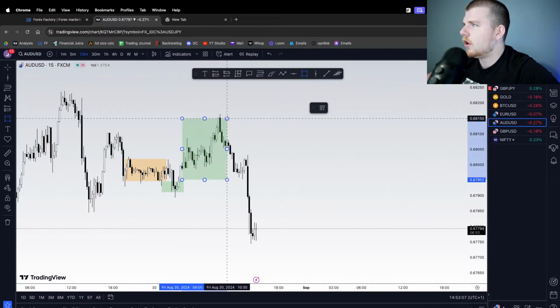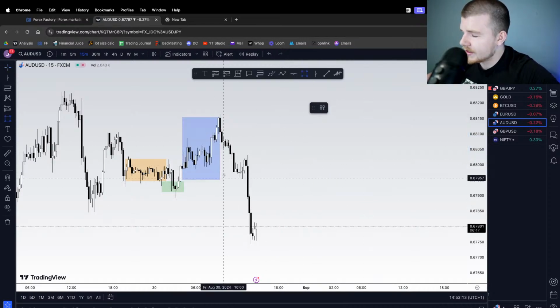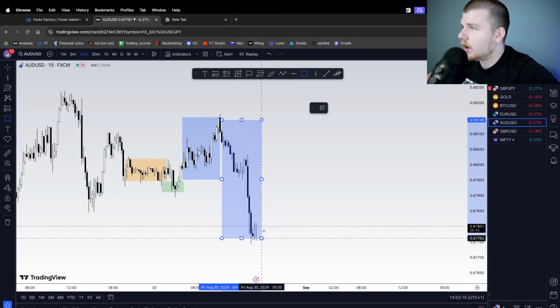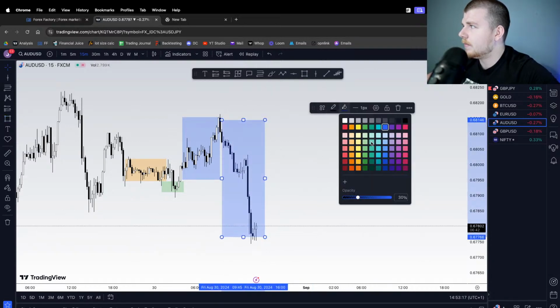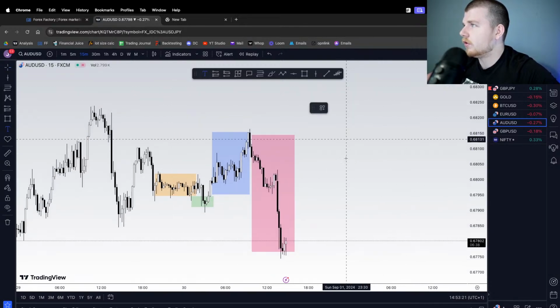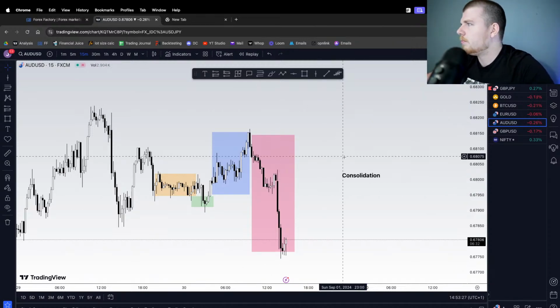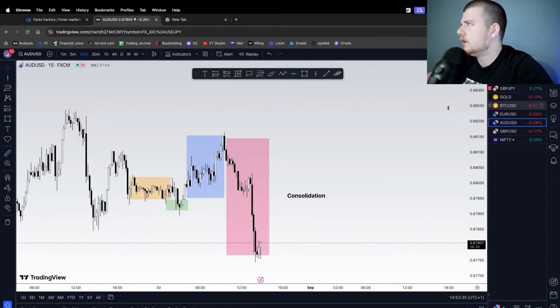Then we had our expansion or reversal phase, which is a move in the opposite direction or a continuation. We had that. So now we are pretty much looking at a basically guaranteed consolidation again, same as gold. And I'm just going to put here consolidation, so we are aware of what we are expecting for the next few hours or day.